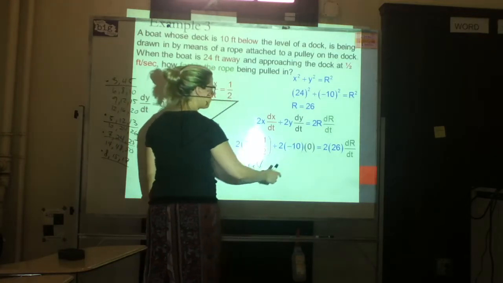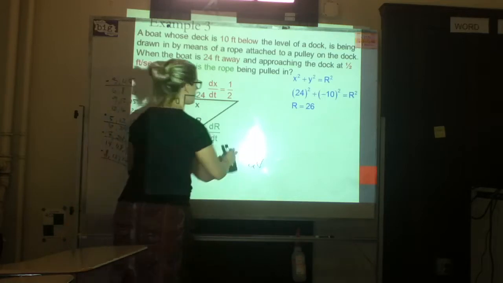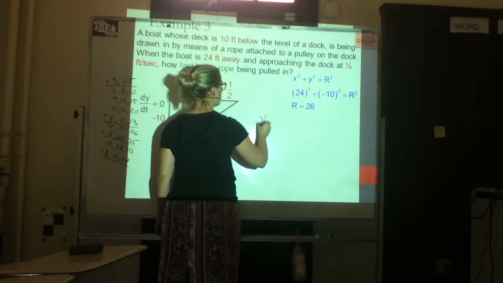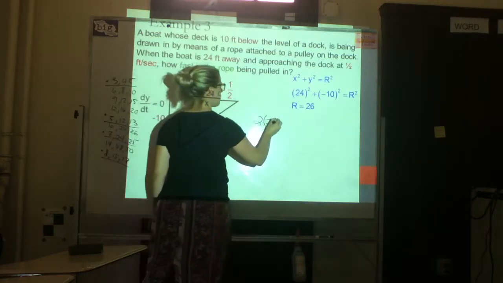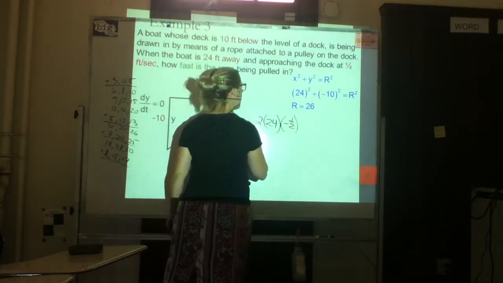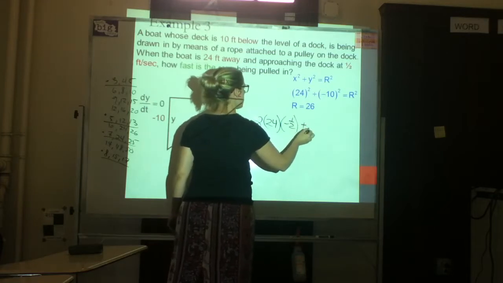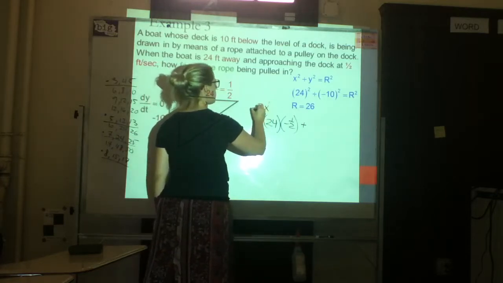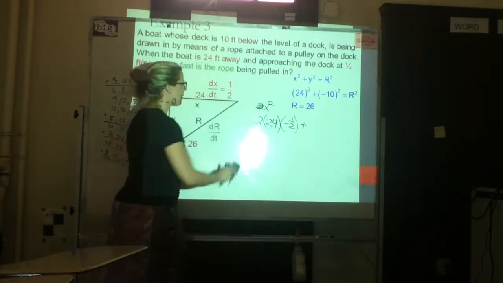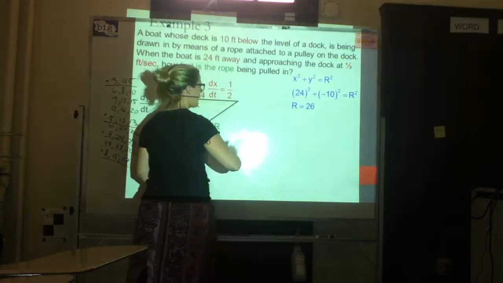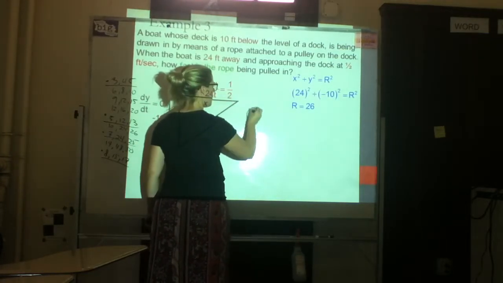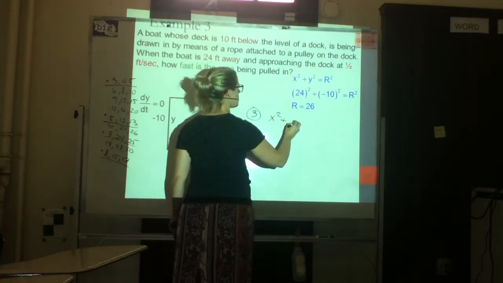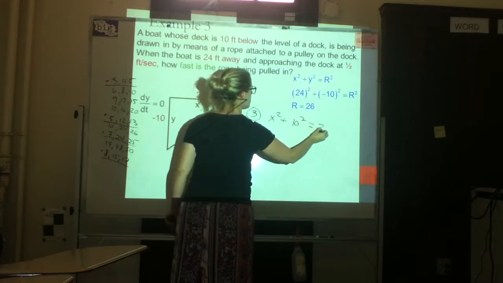Well, I'll just do it myself. I don't like this animation. So I have 2x, which is 24, dx/dt is negative a half, plus the derivative. So my relating equation, when I differentiate it: x squared plus y, which is a constant, so 10 squared, plus z squared.